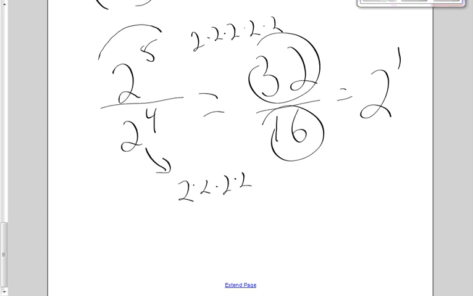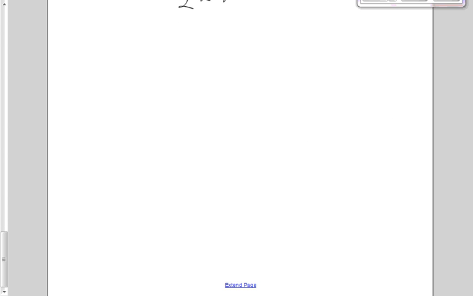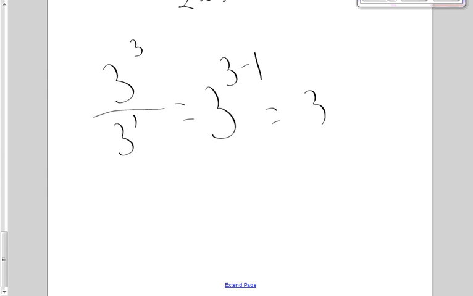If we look at these numbers here, we can actually see how we can get a 1. If we subtract 4 from 5, we get 2 to the 1. Let's try that again. 3 to the third divided by 3 to the 1. The rule says we can take 3 to the 3 minus 1, which is 3 squared.